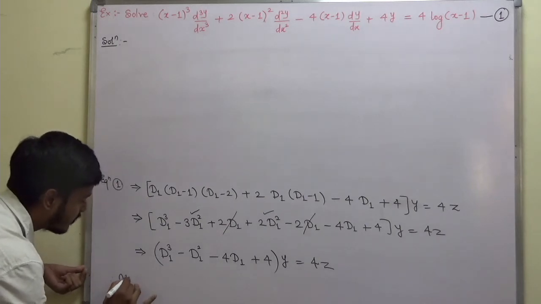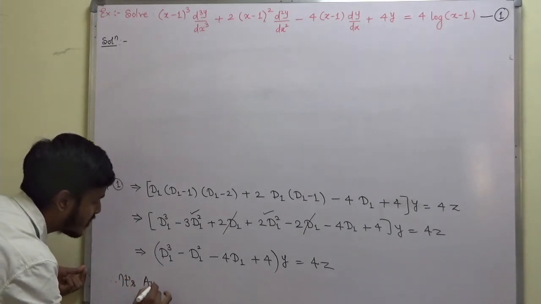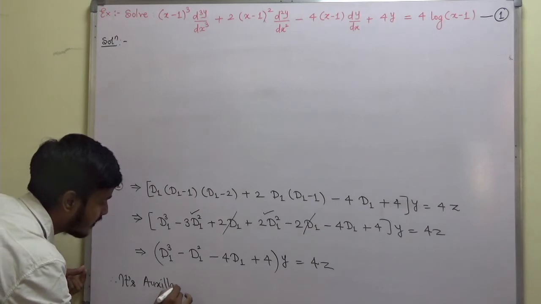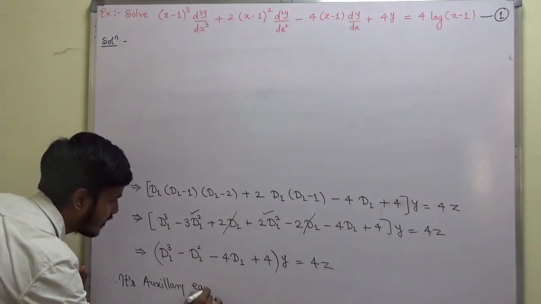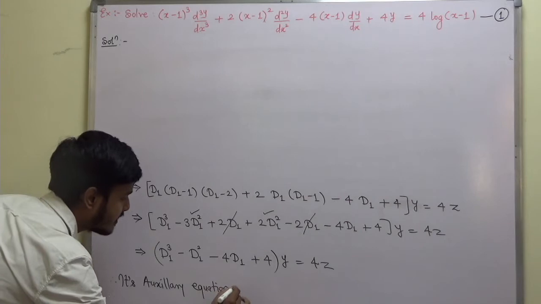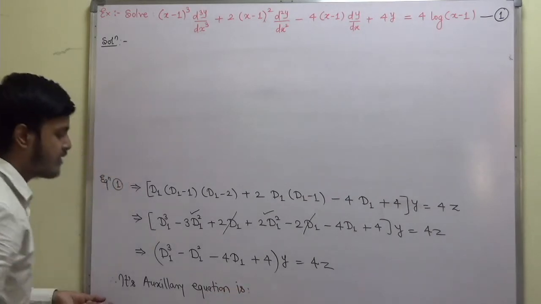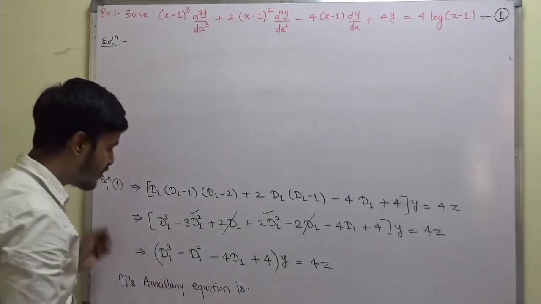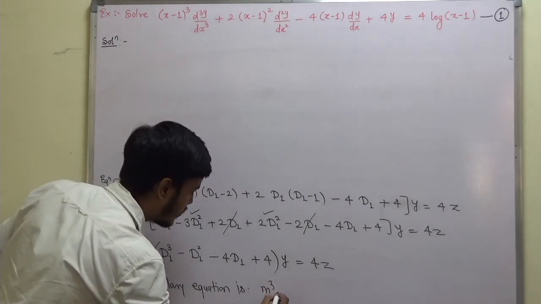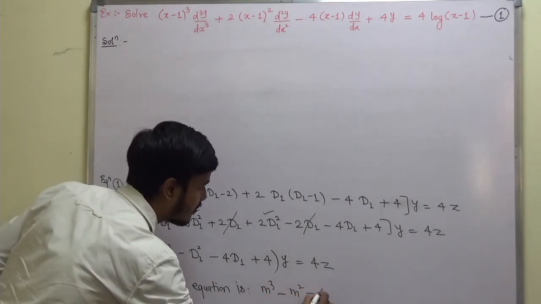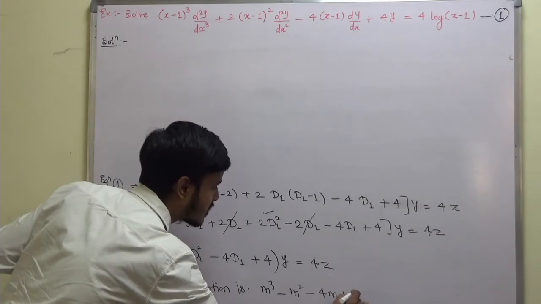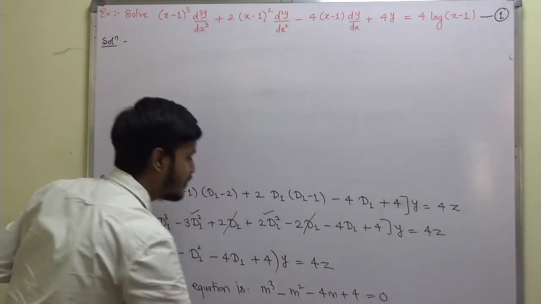Therefore its auxiliary equation: you just have to substitute D1 as m. So this is m cube minus m square minus 4m plus 4 equal to 0.